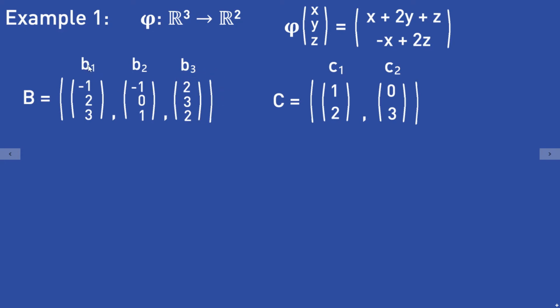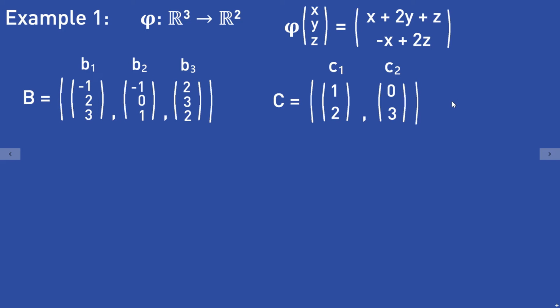So this here is the first basis vector, this here the second, and that here the third basis vector. And we have given a basis C of R2, which looks like that. So this here is the first basis vector, and that here the second basis vector. We want to find the matrix representation of phi with respect to the bases B and C.